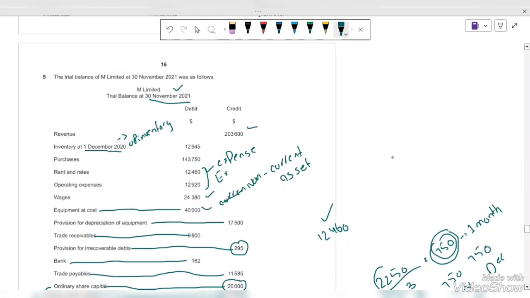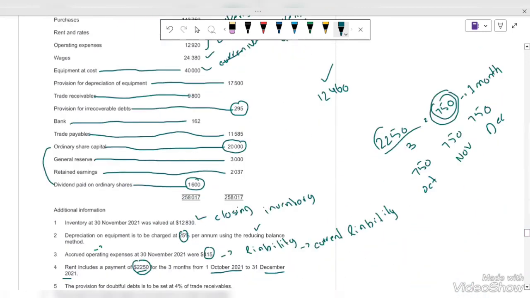But your year ends on 30 November. It means that you completed your October, and you have completed your November also. So 750 and 750 you have used, because you have been continuing your operations in the factory. So 750 and 750 has expired.